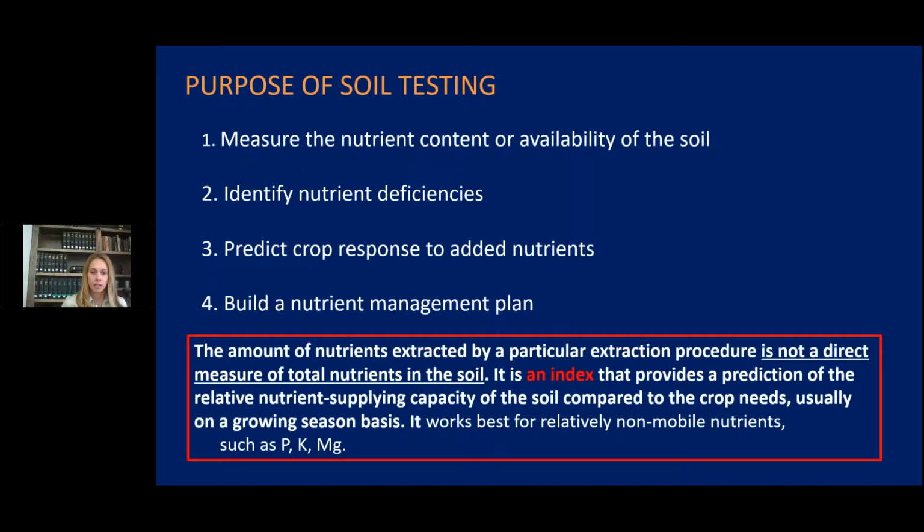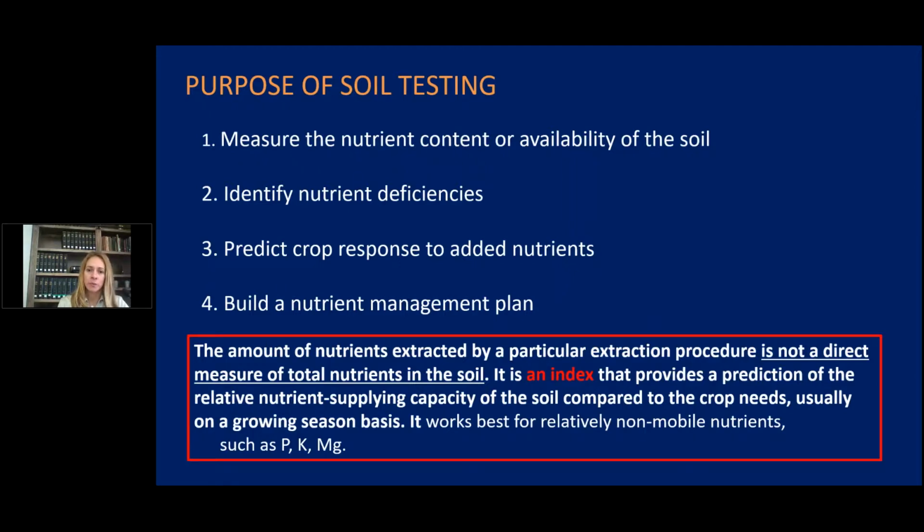One thing I want to point out is that when we do routine soil testing, we're not assessing the total nutrient concentration present in the soil. The soil test is supposed to mimic what the plant sees available. And much more important than the actual concentration of nutrients in the soil is the index, the rating scale.